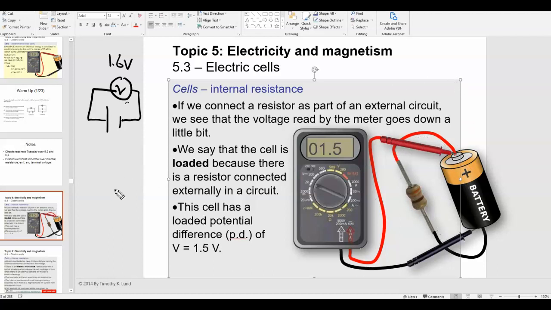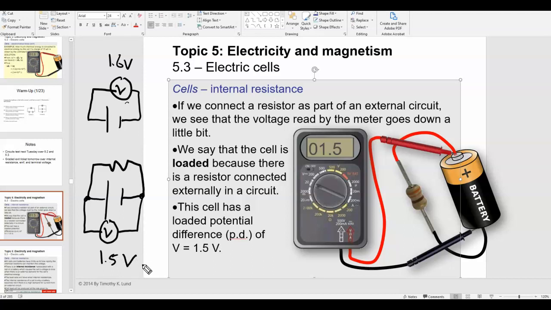So basically, we have the same cell, we have a resistor, and we still have a voltmeter hooked up in parallel to it. I'm just putting the voltmeter down here for space. Now this voltmeter is reading 1.5 volts.